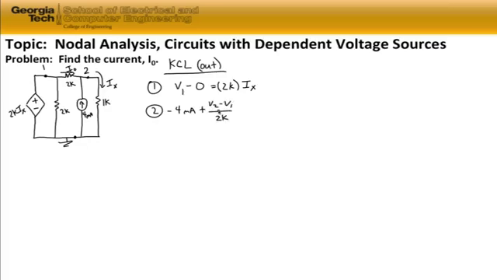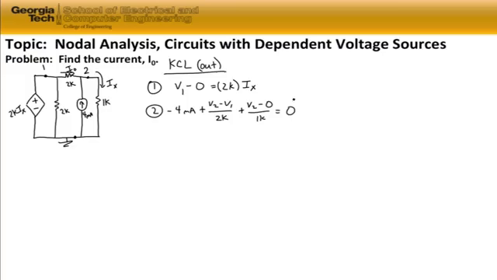And we have the current which is flowing through the 1 kilo ohm resistor on the right-hand side of the circuit. We have this current flowing out of node 2 through the 1 kilo ohm resistor down to the reference node at the bottom. So that's going to be V2 minus 0 divided by 1K, and that's all of our currents, and they sum up to be 0.